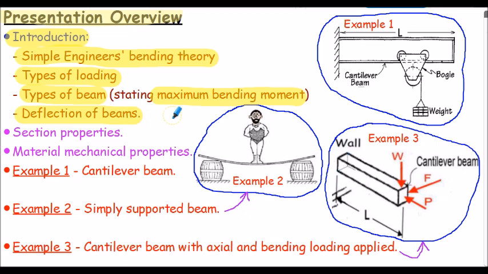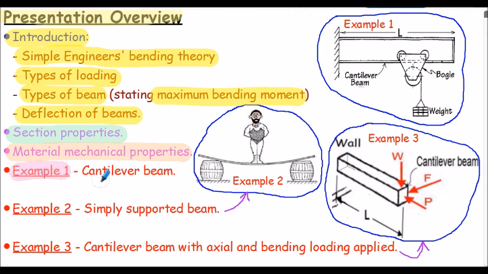Predominantly our types of beams will be cantilever beams and simply supported beams. Formulae for section properties related to standard sections are listed, and also material mechanical properties of some common materials are stated. Then we have the commencement of the examples.